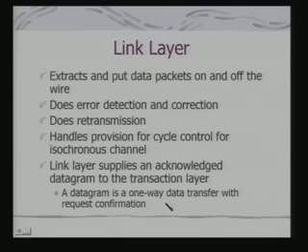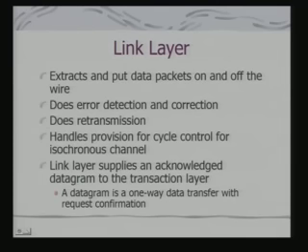The link layer's job is to extract and put data packets on and off the wire. So, it is actually constructing the data packets in that sense. It does error detection as well as correction, because that is the basic necessity at that level. So, if I detect an error, I need to take appropriate action.